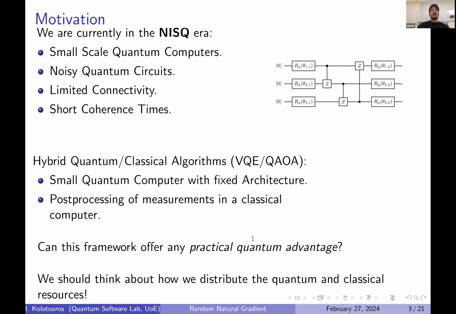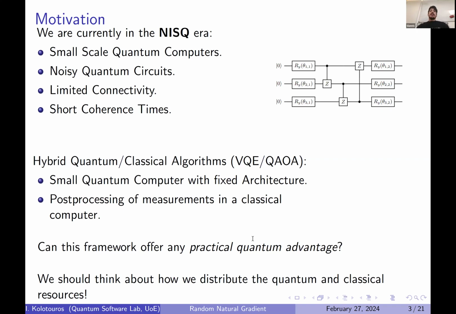To address these questions, people developed hybrid quantum classical algorithms where the quantum computer generates quantum states that cannot be classically simulated, and the quantum computer measures these states as well, and the classical computer post-processes these measurements in the hope for a practical advantage. The question, however, of whether this framework can provide any practical quantum advantage is still open.